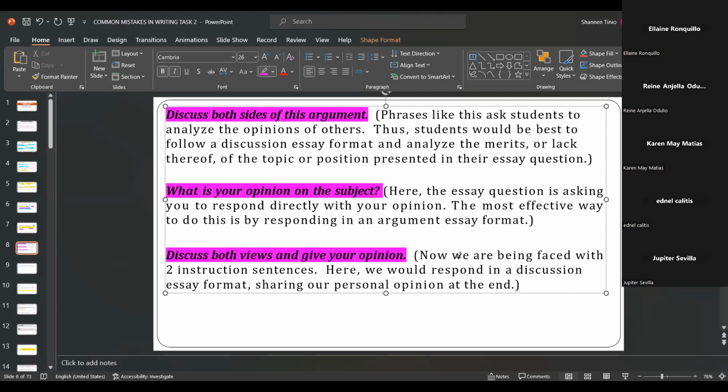Discuss the negative, discuss the positive, the 2 sides, the 2 views, and then give your opinion. Maaari kasing dun ka sa negative, dun ka sa positive. Kaya naman, you have a chance to give your opinion. We are being faced with 2 instruction sentences.